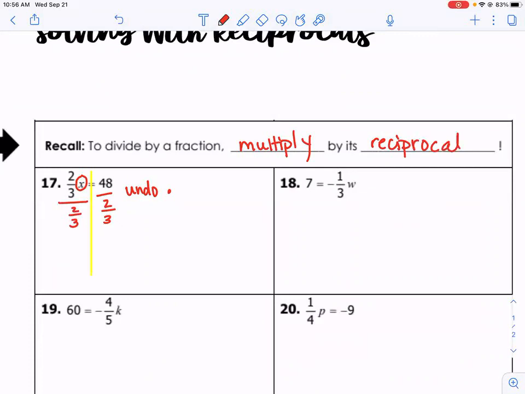Blech. Okay, what does that mean? That means keep, change, flip. Reciprocal. Fun word to say and spell.